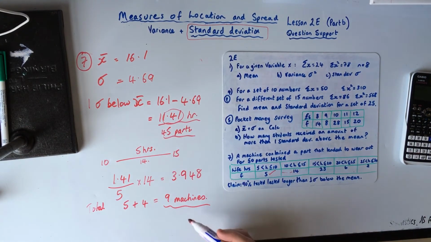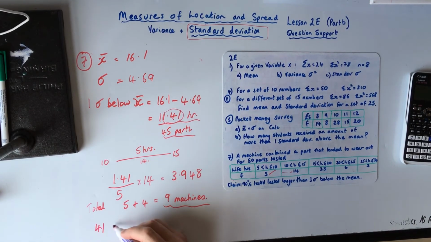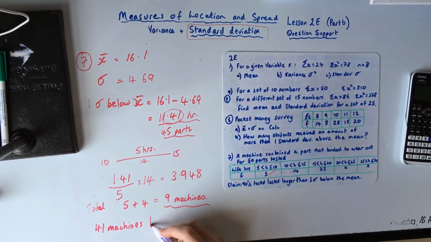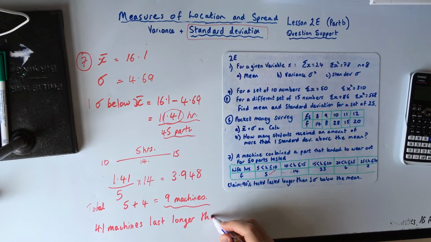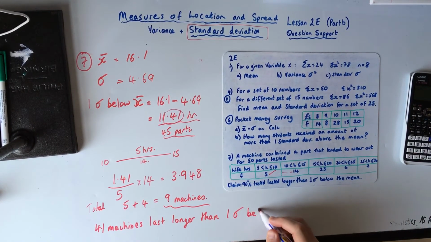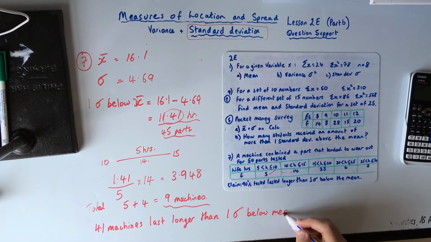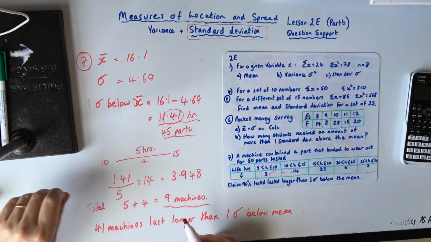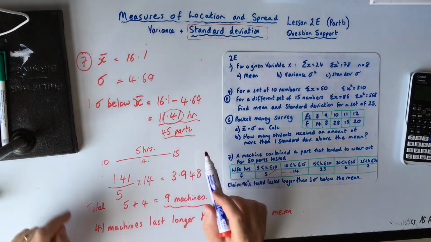So that means that only 41 machines last longer than one standard deviation below the mean, doesn't it? Because we've worked out that limit, which is a different way round of doing it than we've done before.